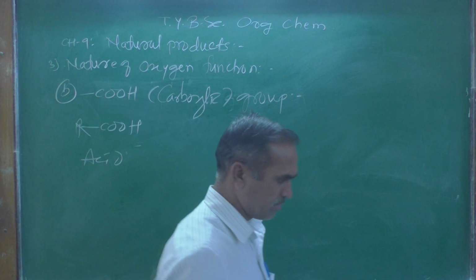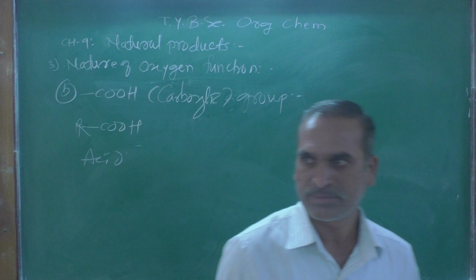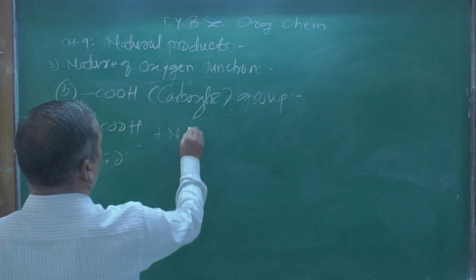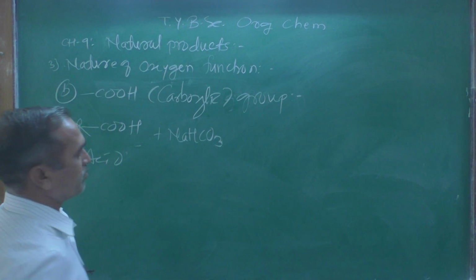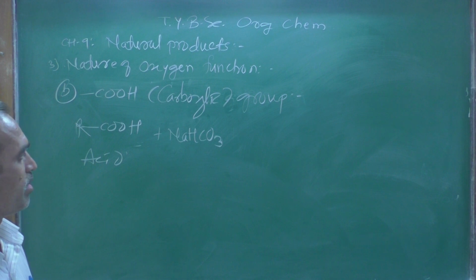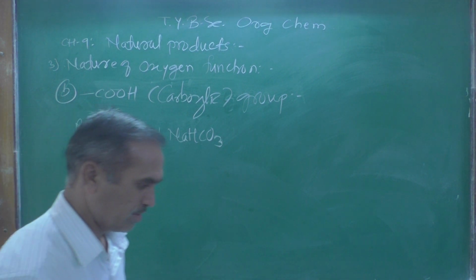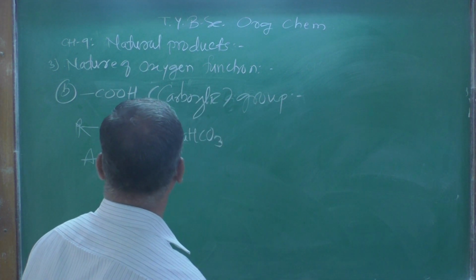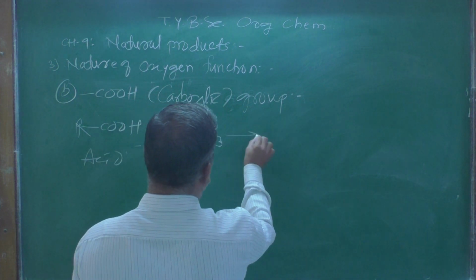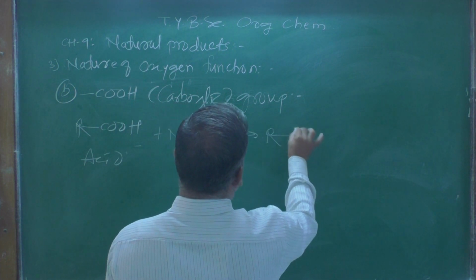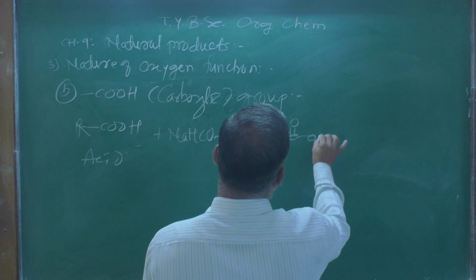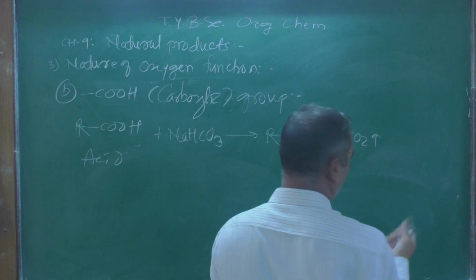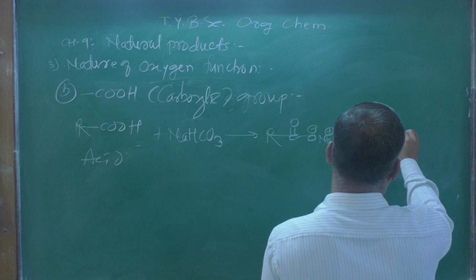There is one reagent which can react with this, NaHCO3, sodium bicarbonate solution. When it is treated with this, you get R, C double bond O, O minus Na plus, plus CO2 bubbles that go into the atmosphere.